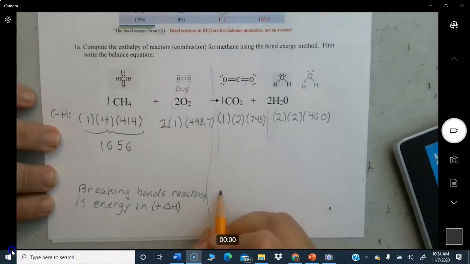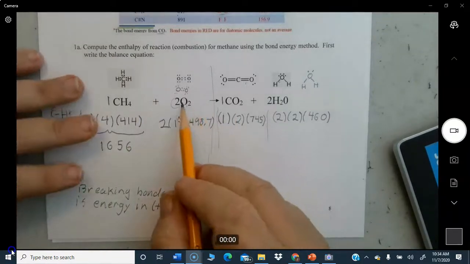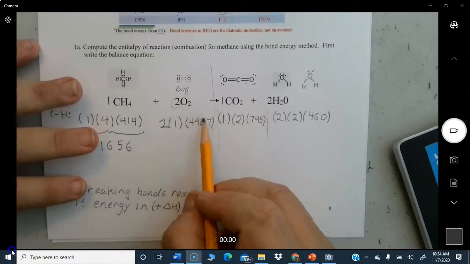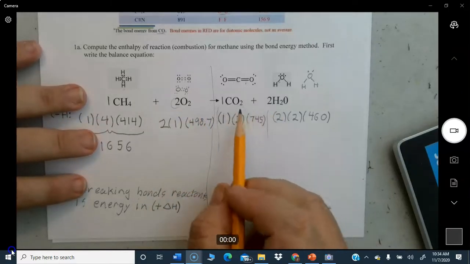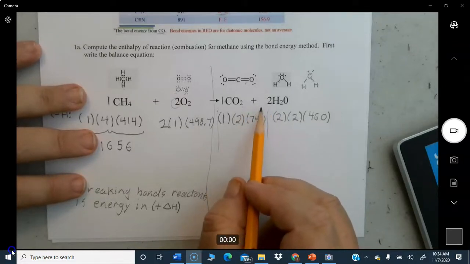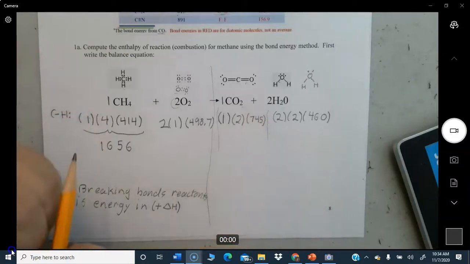Okay, over here, you're taking those broken bonds, those individual atoms that were broken apart, and you're putting them back together again to create a new compound. The reason they're forming like that is because they can go to a lower energy state. So what you're doing is you're putting the atoms back together. They're going to lower energy, which means they're releasing energy. Something's going to lower energy, it has to be giving off energy in order to do that.